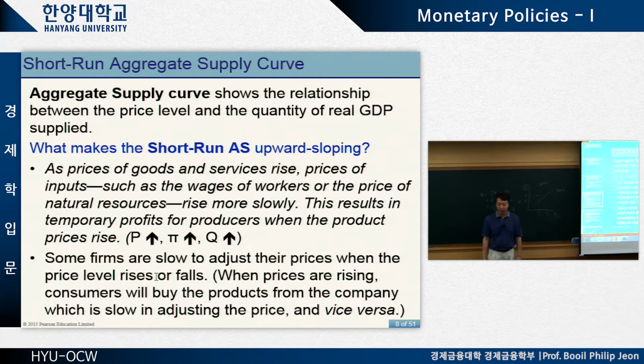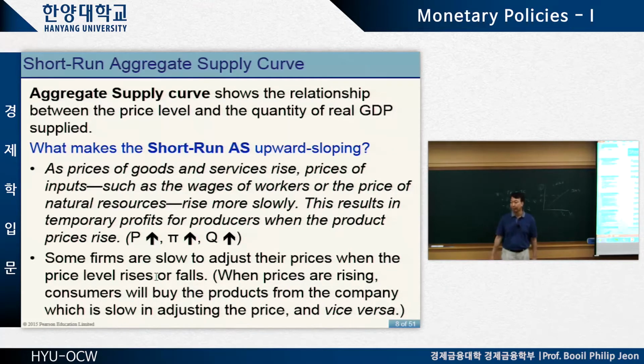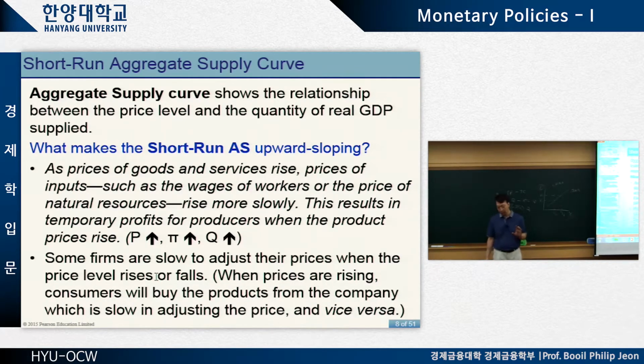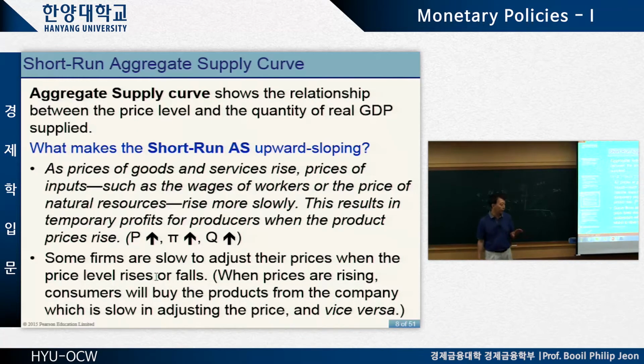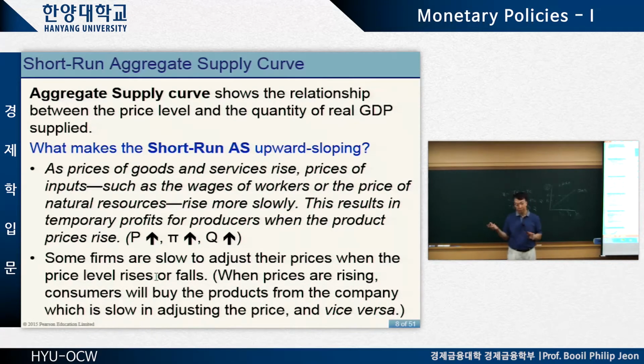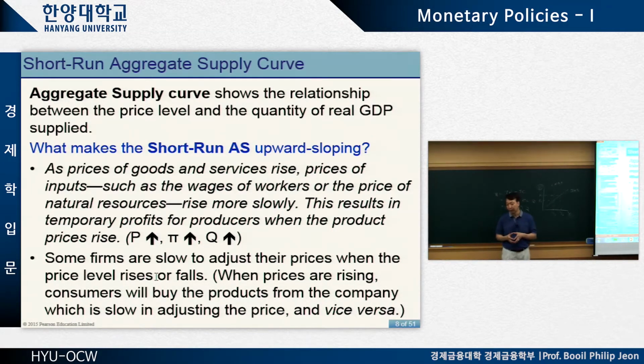So let's say, in general, the price level is rising, but your company did not adjust the price, for whatever reason. Then consumers will find out that the products of your company are relatively cheaper than other companies. Other companies raise their prices, but your company did not, so people will buy more of your product.